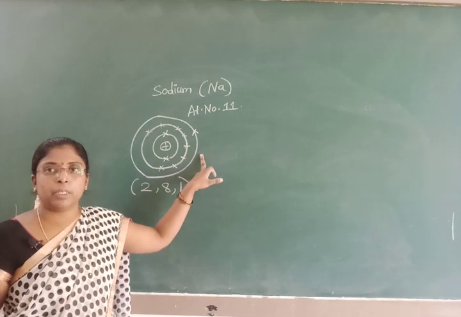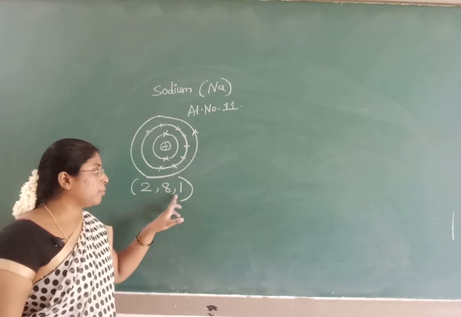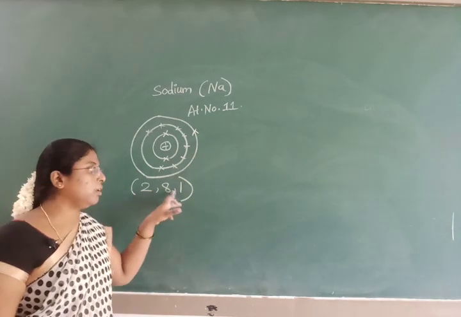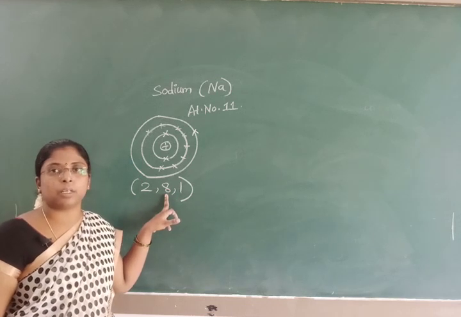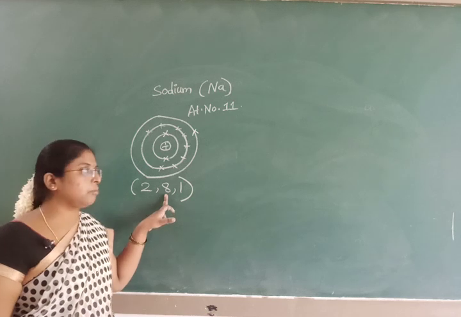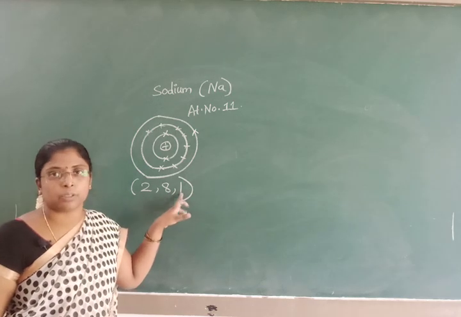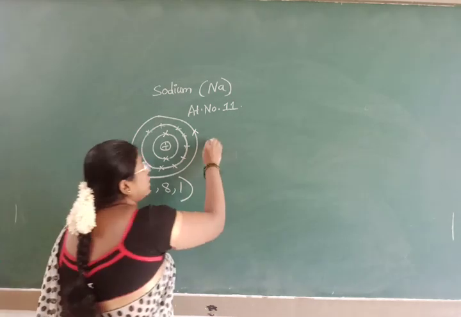To attain stability, what will it do here? If it loses 1 electron, what happens? Its outer shell becomes 8 electrons. It attains a stable octet configuration by losing electrons. Hence, it loses electrons.